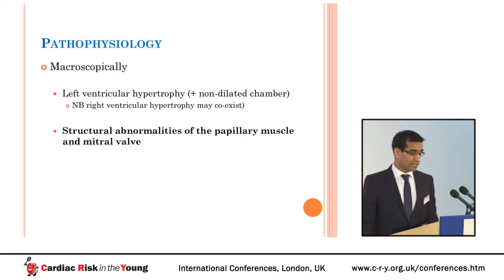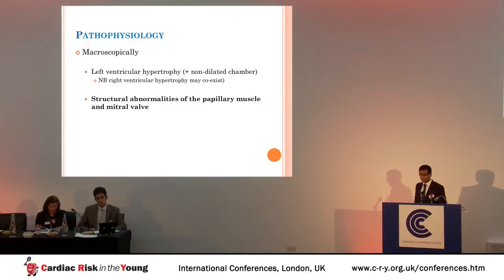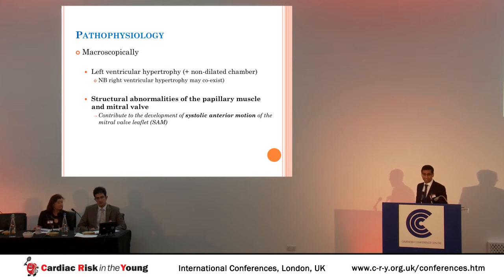It's important to realize that HCM doesn't only cause left ventricular hypertrophy, but structural abnormalities of the papillary muscles and mitral valve can also occur. And this is important to note because they contribute significantly to the development of what we call systolic anterior motion of the mitral valve leaflet, or SAM, which accounts for a lot of the pathophysiology of the condition from a clinical perspective.